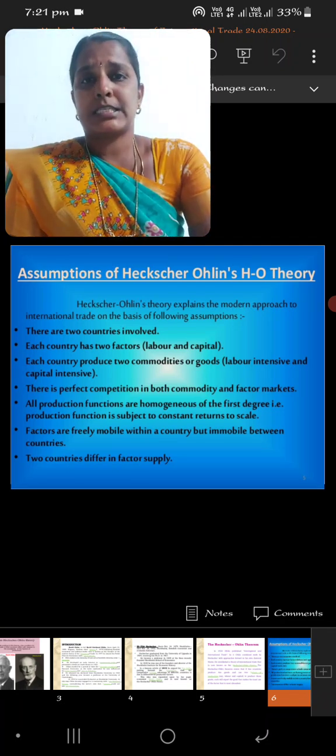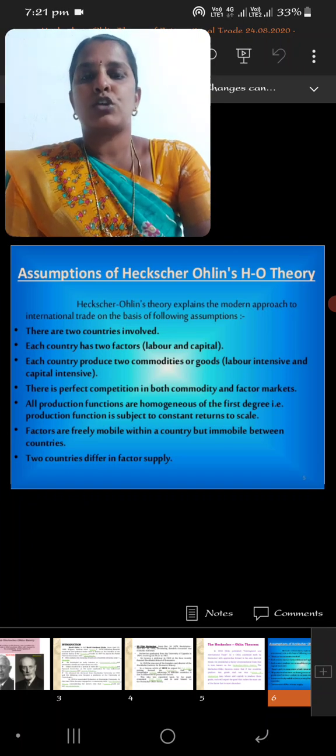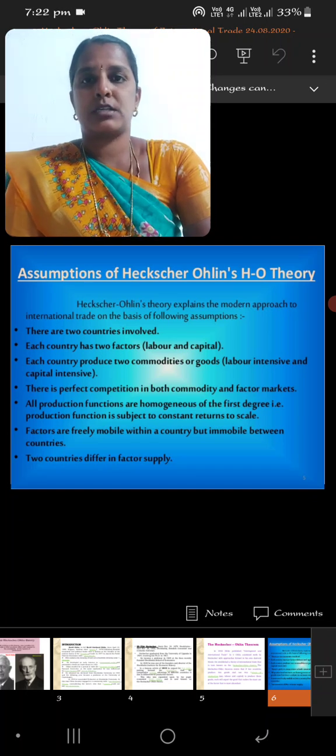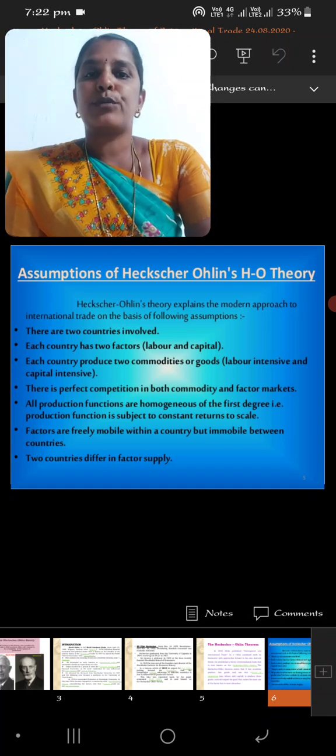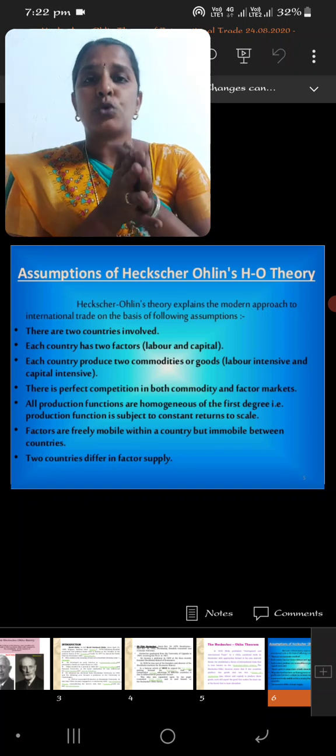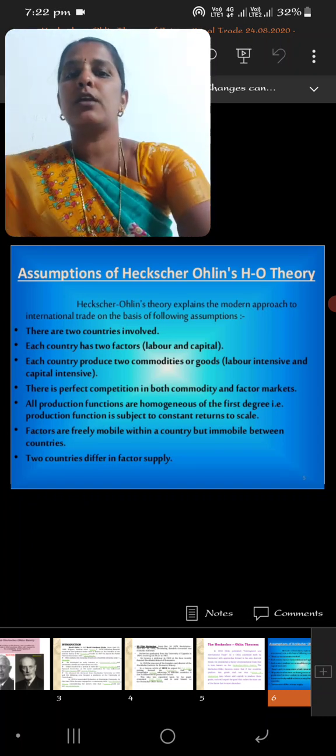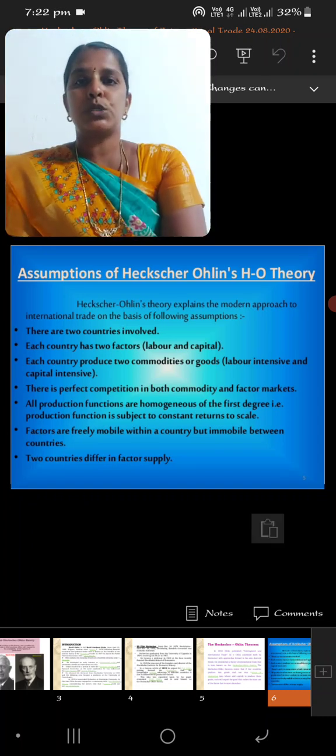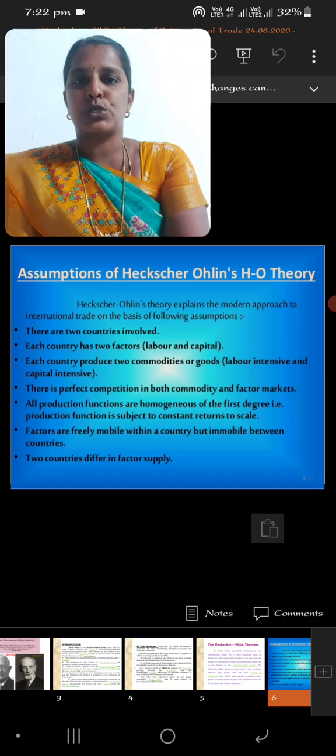So if we talk about the assumptions of the Heckscher-Ohlin theory, there are six assumptions. Only two countries are involved. Each country has two factors, that is labor and capital. Each country produces two commodities. Here they are concentrating only on labor intensive goods and capital intensive goods.